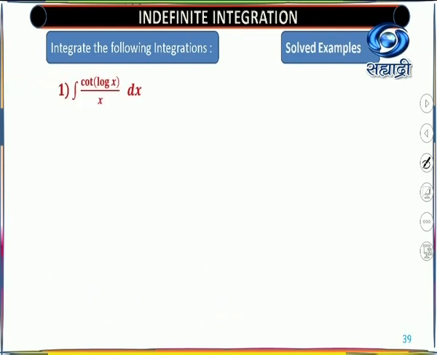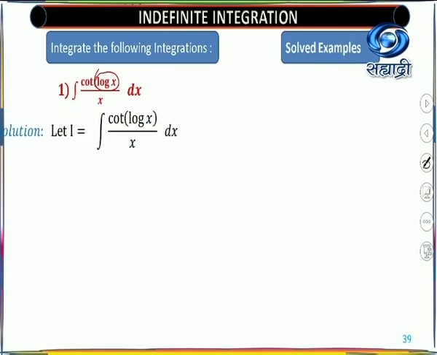Look at here. The first example is cot of log x upon x. Here keep this in mind, that whatever examples you are solving by the substitution method, start thinking what to substitute. That is also important. First of all, this is a complicated function, so substitute for that. That means log x equal to t.